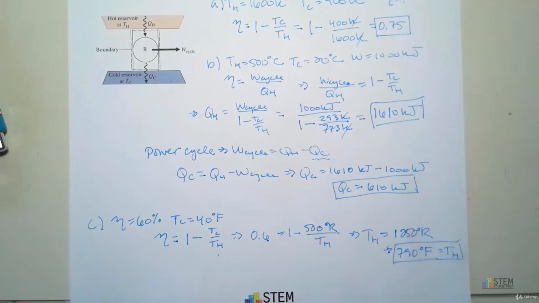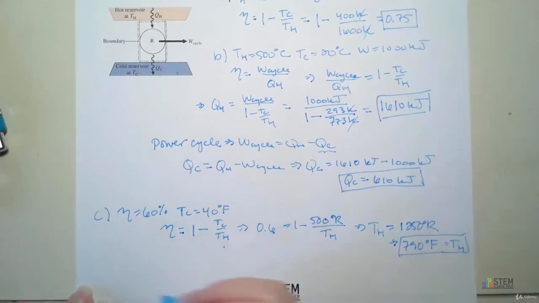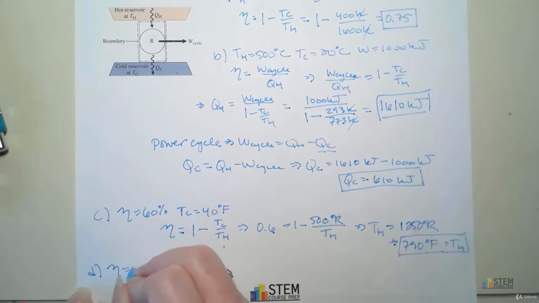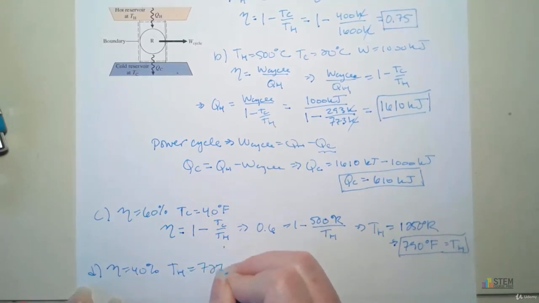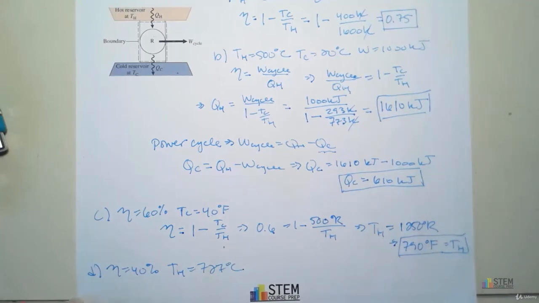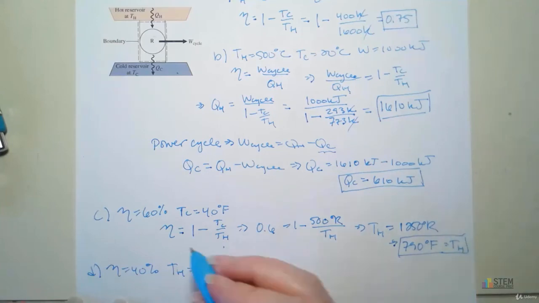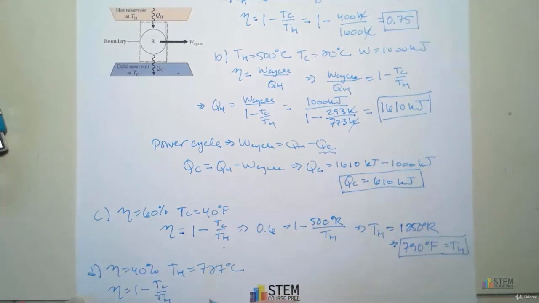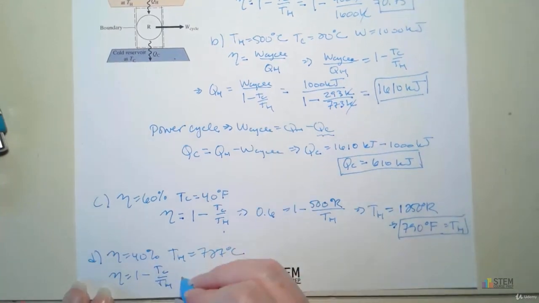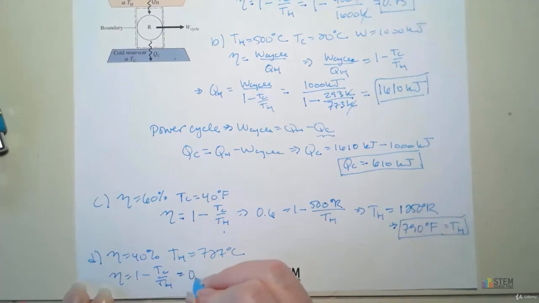And lastly, we have part D. Part D, we're given eta. Now it's 40%. And we're given TH. It's 727 degrees Celsius. We want to find TC in degrees Celsius. So again, same equation we had before. So eta is going to be 1 minus TC over TH. We just need to plug in our values.